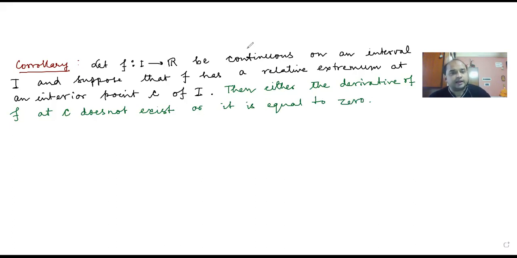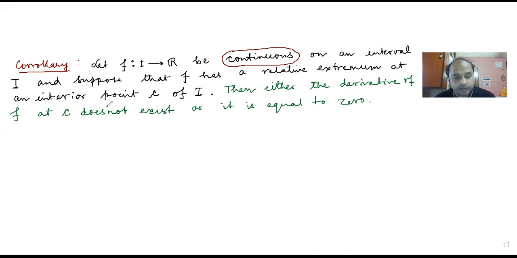So you see, this corollary of the interior extremum theorem is actually a bit different from the interior extremum theorem, in the sense that in this corollary they have put one extra condition, which is the continuity of the function. In the interior extremum theorem, they have not mentioned anything about the continuity of the function.